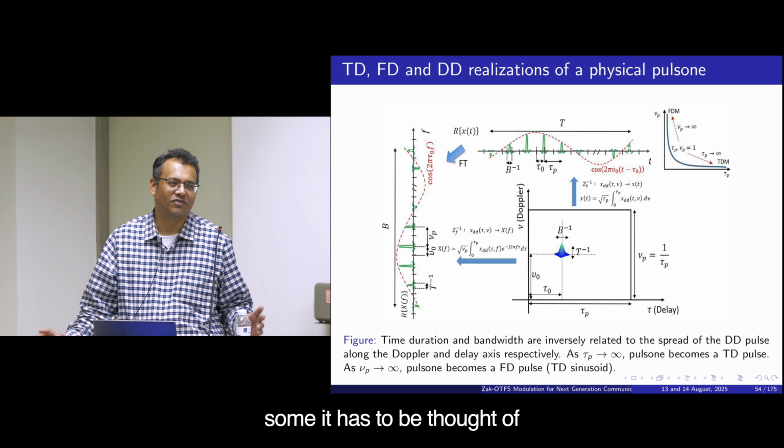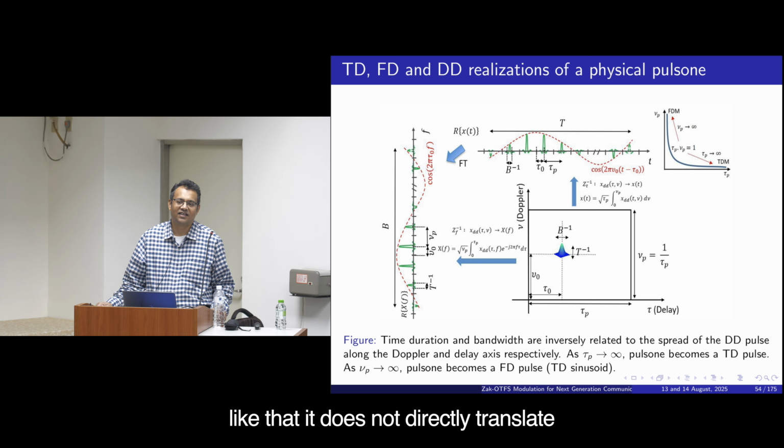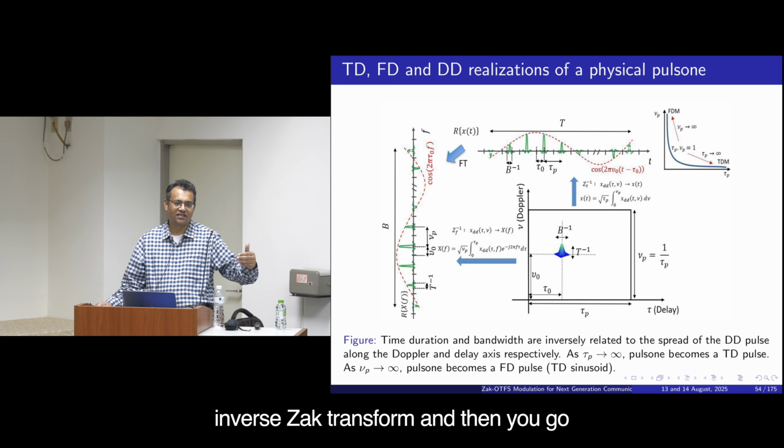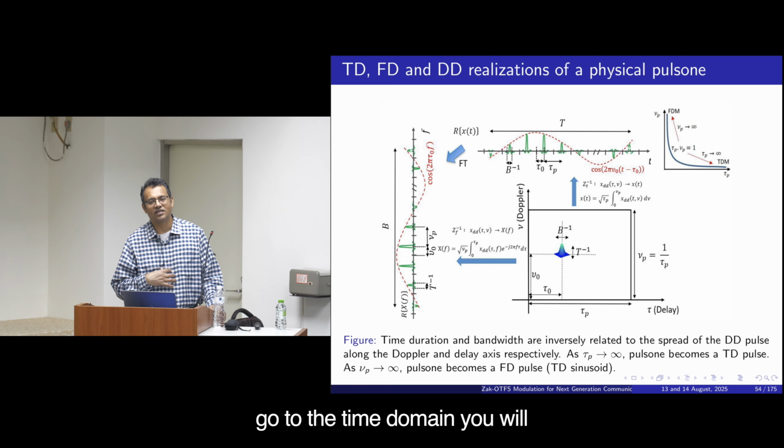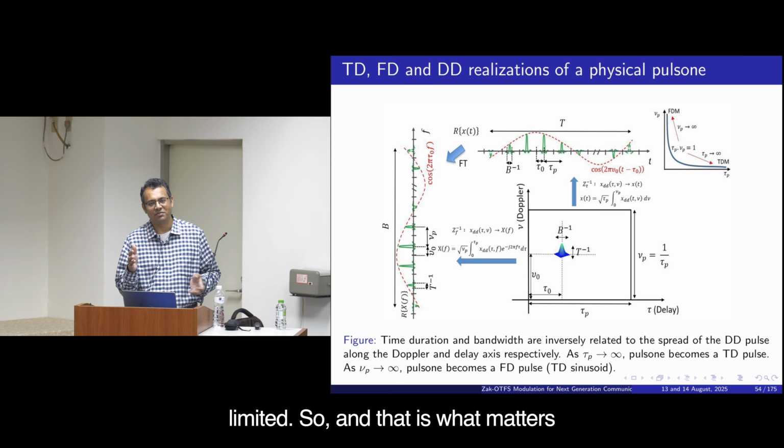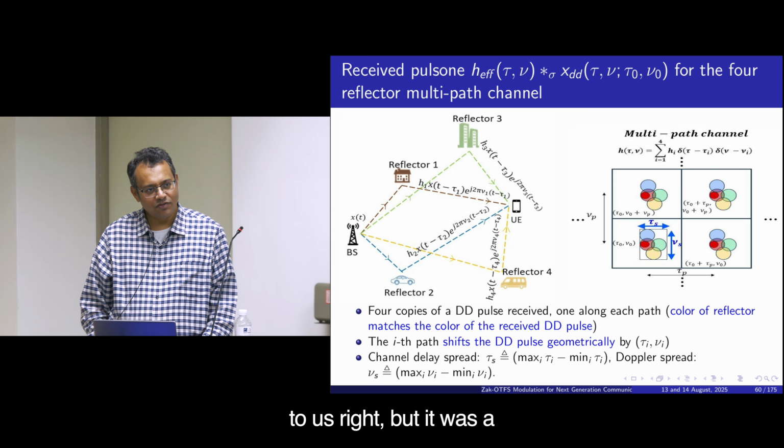It has to be thought of like that. It does not directly translate to reality unless you take the inverse Zak transform and go to the time domain. When you go to the time domain, you will see that it is time and bandwidth limited, and that is what matters to us. But it was a good question.